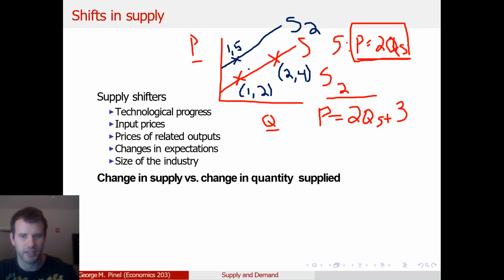When you hear the term disruption in the tech world, they mean disrupting an existing industry with a new model that is technological progress, probably cheaper and more efficient in the long run. But in the short run, it's tossing the existing businesses on their head. They don't know what to do. Those existing businesses might have to shift their production, but in the long run, it'll shift out production.